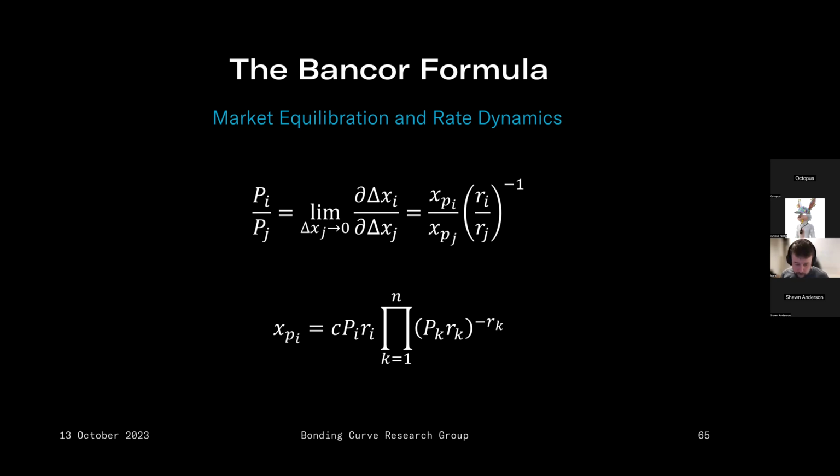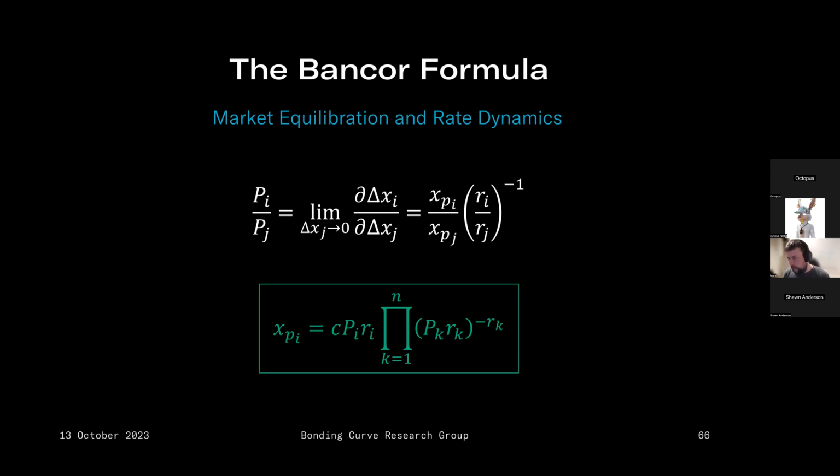And this equation you will not find published anywhere. I'm not sure if this is a deliberately kept secret, but I've often spoken to people that are trying to perform arbitrage on the Bancor formula. The Bancor V1 contracts are largely deprecated, but Balancer is one of the projects that continues to use it.